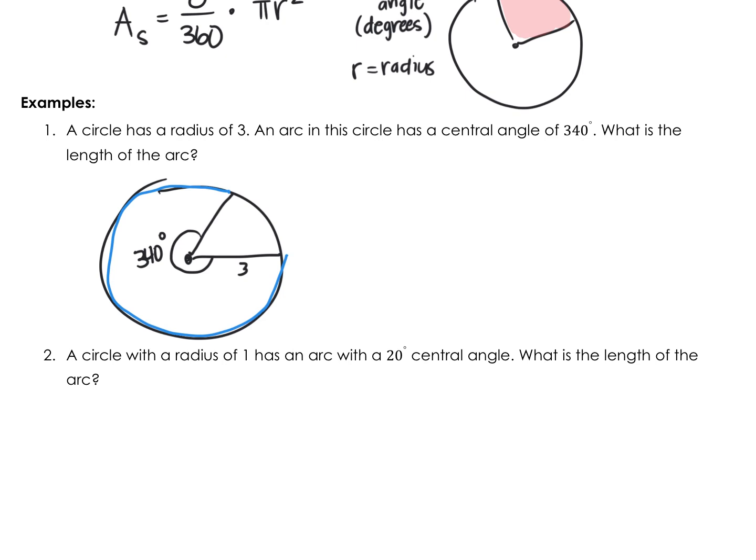My first step is to convert my angle to radians, because for arc length, my central angle has to be in radians. So I'm going to do 340 times pi over 180. I'm going to leave pi in my answer, and simplify the 340 over 180.